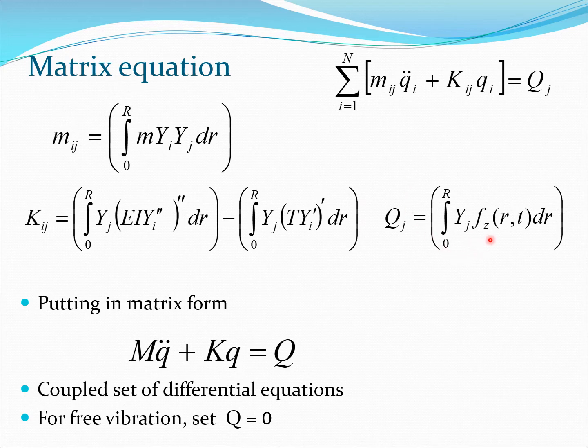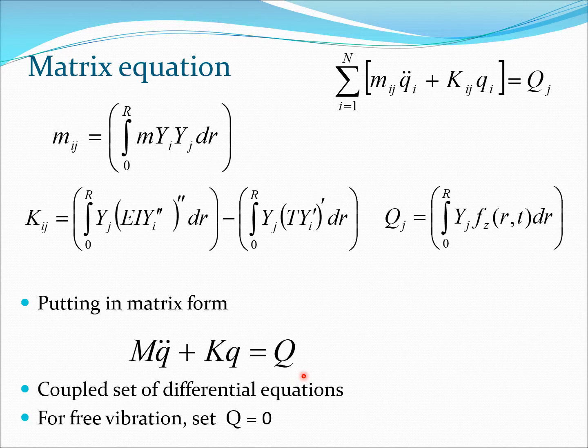So we can write this in matrix form because it looks nicer, it's more compact, and we are often more familiar with matrix notation. So essentially what has happened is that the partial differential equation has been reduced to this matrix equation of size n by n.